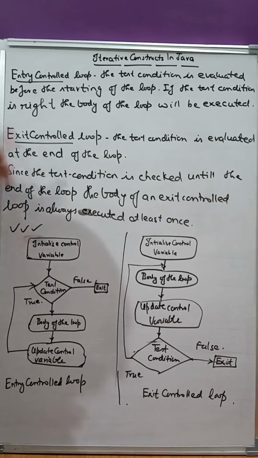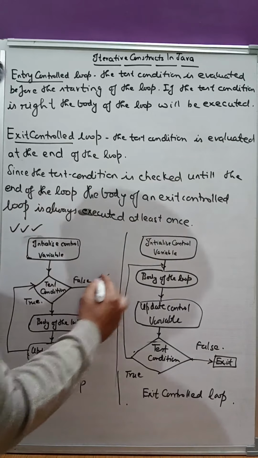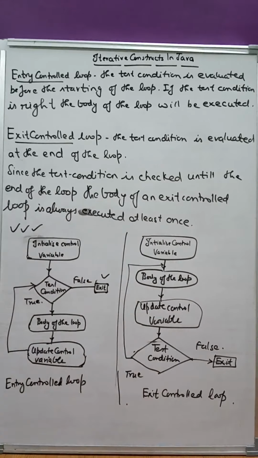This is the flowchart for the entry control loop, and as the definition says, the test condition is evaluated before the starting of the loop. Now if this test condition evaluates to false, you will exit from the loop and the body of the loop will not be executed.